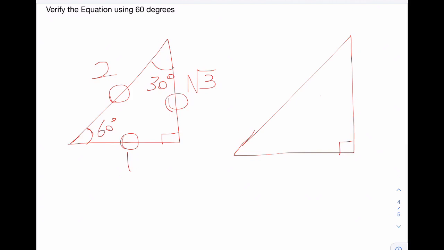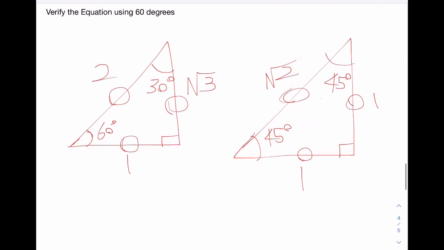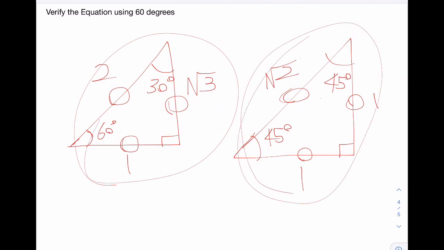Alright, now what if we have two 45 degree angles in a right triangle? Well, the two sides facing the 45 degree angles will both be 1 and 1, and our hypotenuse will be root 2. So for these verifying equation questions, we plug the specific degree into the equation, and we can use either this special triangle or this special triangle to prove that the equation is true.